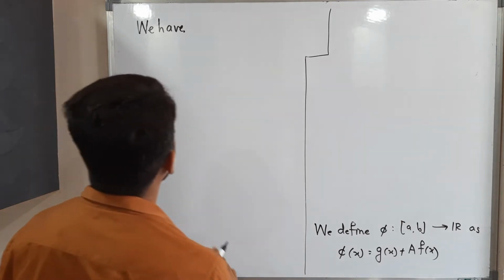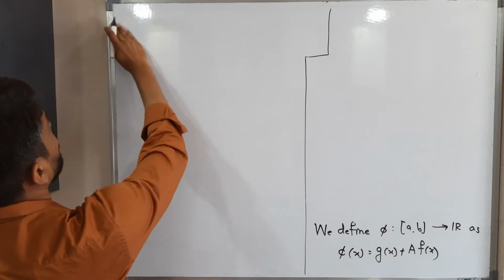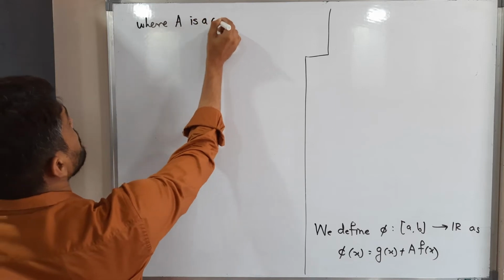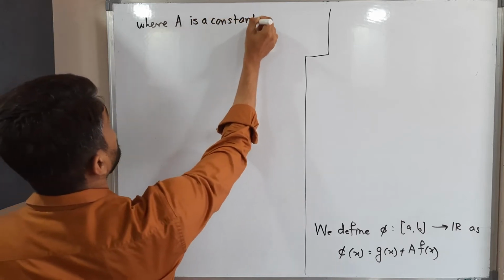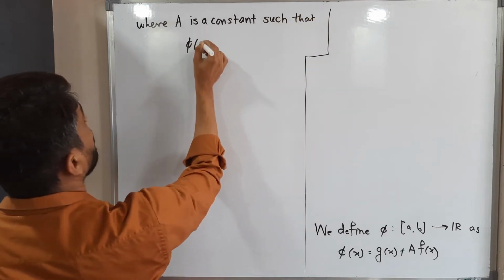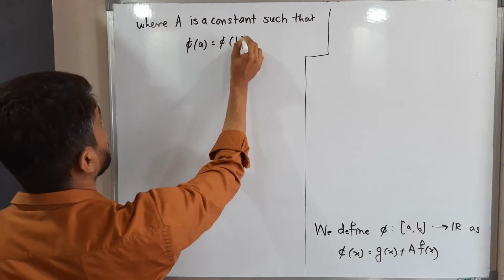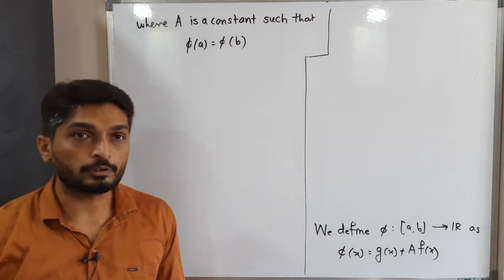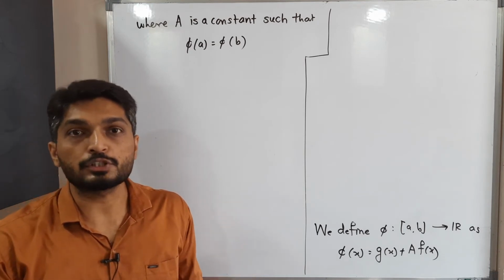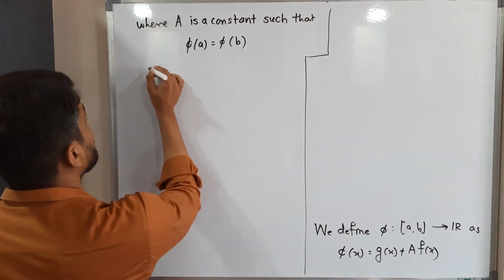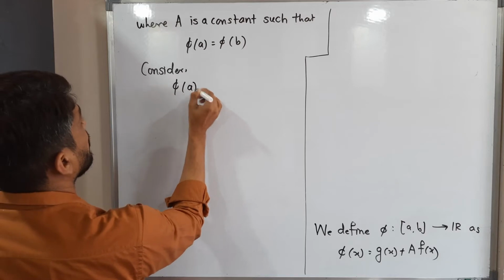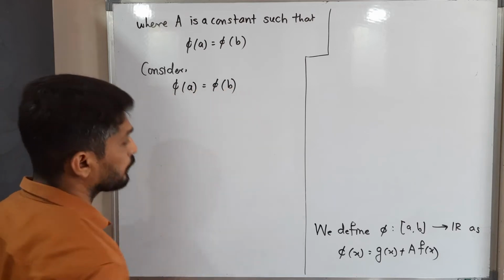Let me mention here, where a is a constant such that phi of a is equal to phi of b. So you can take constant a, but it should satisfy this condition that phi of a should be the same as phi of b. Let us work on this condition and see what we will have. So I am considering this condition, phi of a, and I will simplify it, phi of b. What is phi of a?